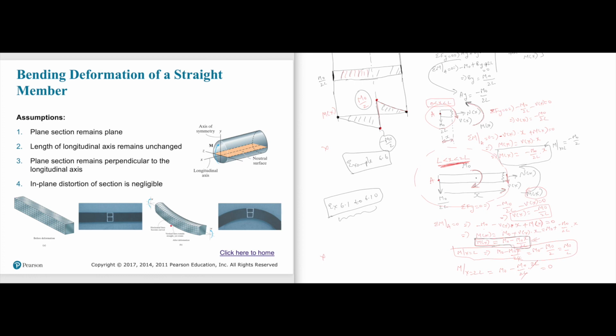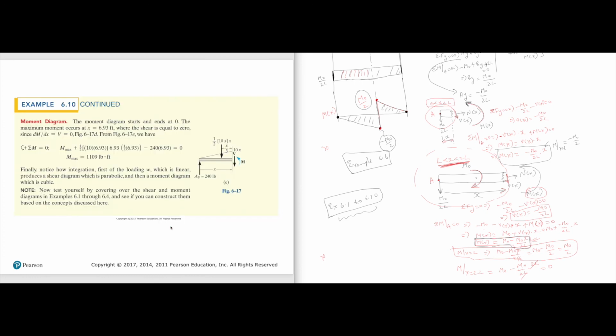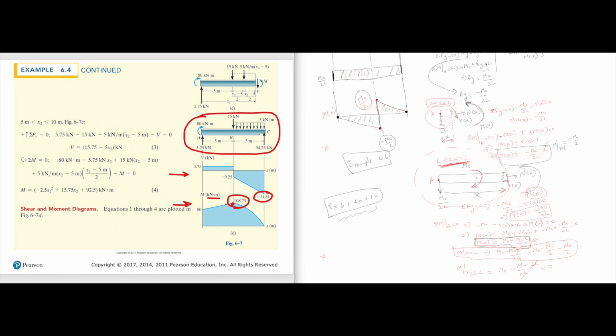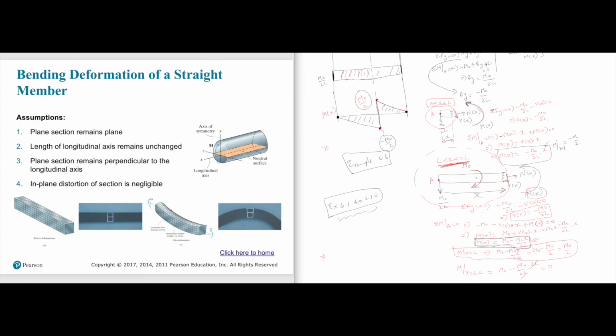Now, let's say you know how to draw the shear force and bending moment diagram and come up with this number. Let's say you know all of this stuff. So what next? Let's say you know what this moment is. Sometimes I will give you the value of the moment, but sometimes you have to calculate it. Let's say you know the value of the moment. The next thing we need to do is to find the stress. So here goes the theory.